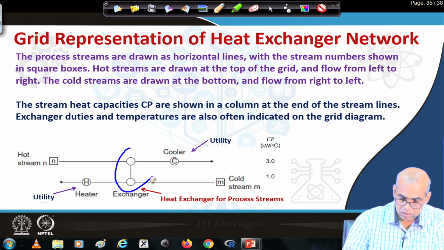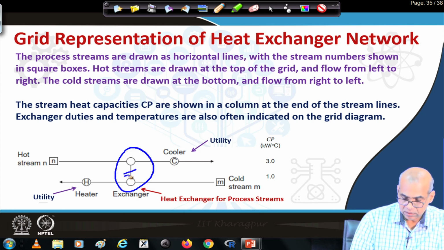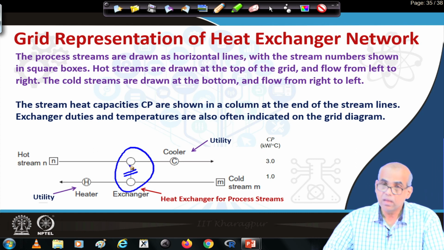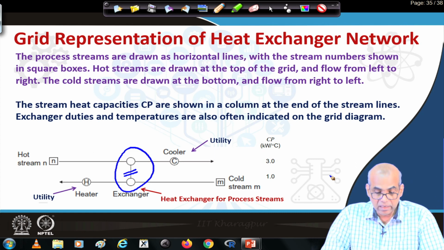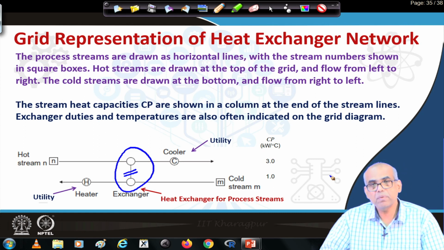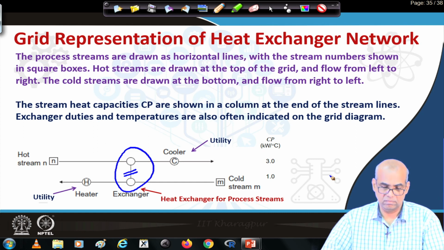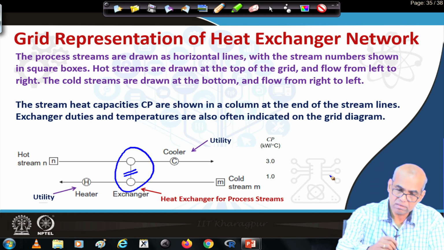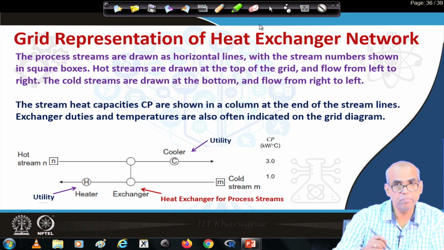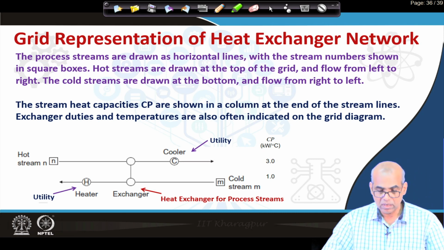These two circles joined by a vertical line represent the heat exchanger for process streams. For example, it may be a shell and tube heat exchanger through which this hot stream and cold stream are passing. So, this is a typical grid representation that we will use for this heat exchanger network synthesis.